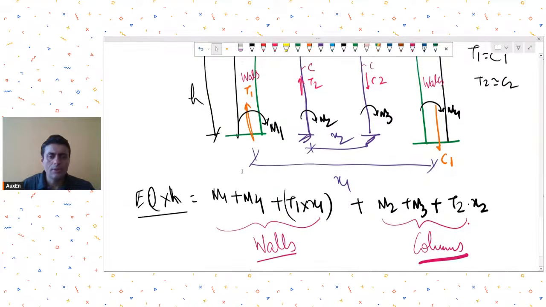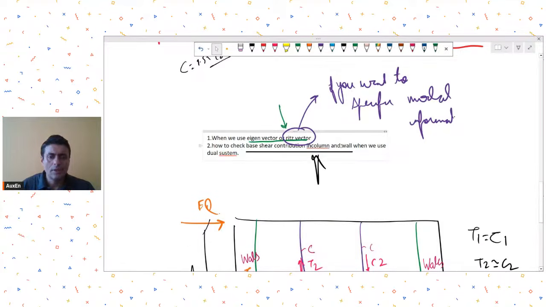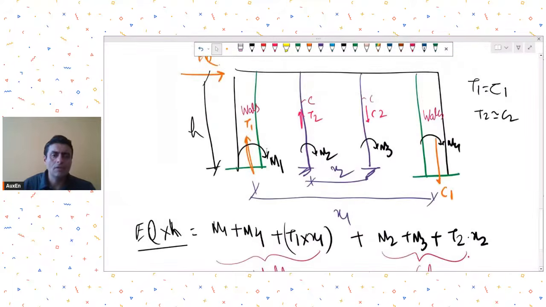Now what is his next question? How to check base shear contribution? Yeah, so see, base shear you don't see in that way. Let's say this is my base shear being taken V1, V2, V3 and V4.